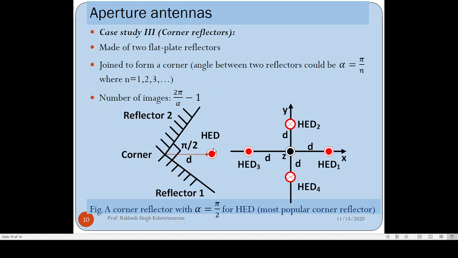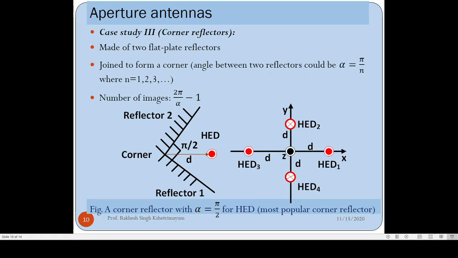So in order to find the fields in this region here, we can use this equivalent problem. This looks like an antenna array of 4 elements, and I can find out the array factor. I know what is the radiated field of an original horizontal electric dipole 1. We know what is the electric field in the far field of a horizontal electric dipole.